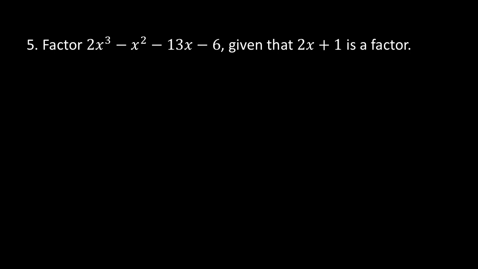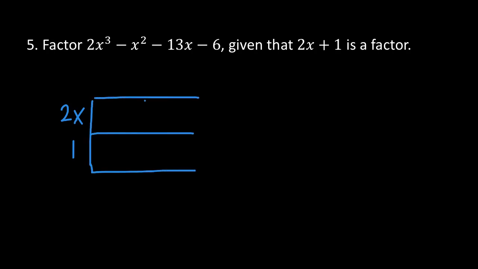2x plus 1 is a factor, so I'm going to put that along the side. First term in the first box, 2x cubed. x squared is what I would multiply to 2x to get 2x cubed, and x squared times 1 is just x squared.